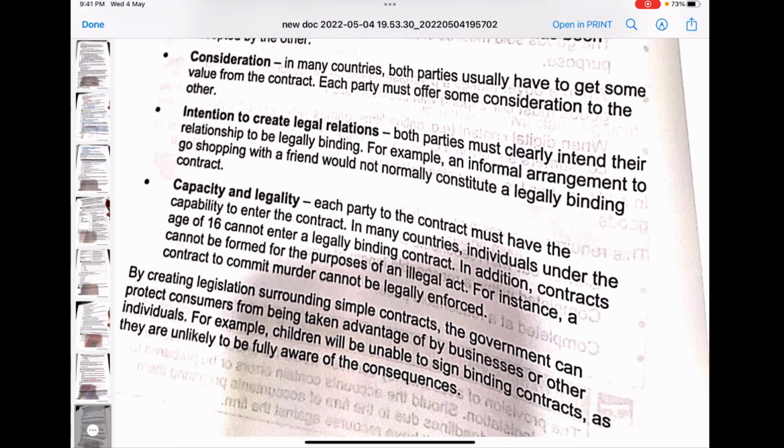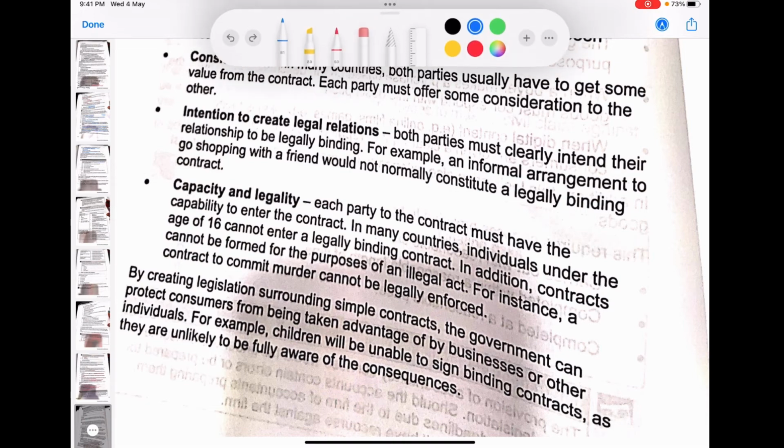Capacity and legality. Each party to the contract must have the capability to enter the contract. So, the reason for which the contract has been made, the organization must be capable to do so, right? In many countries, individuals under the age of 16 cannot enter a legally binding contract.